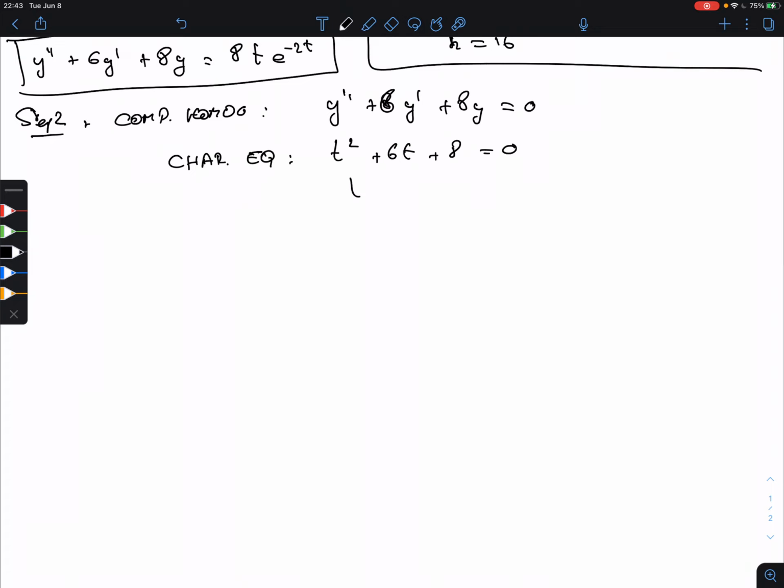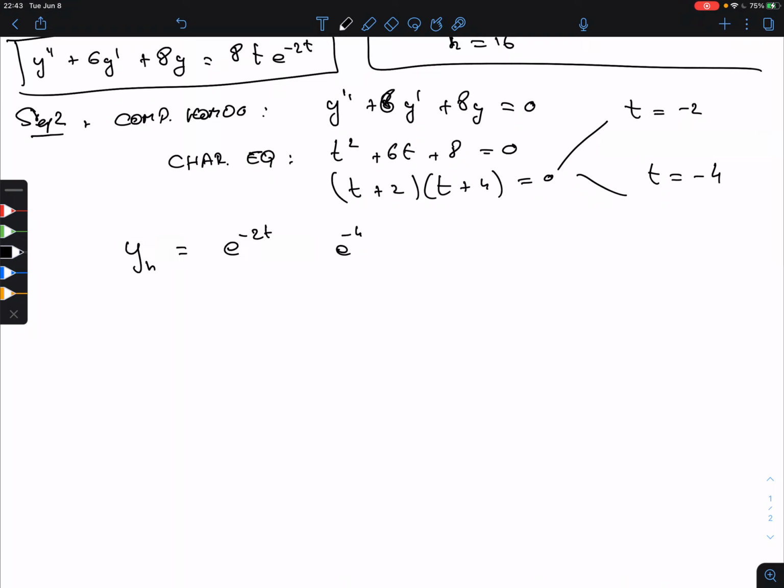We have to factor this, two numbers that multiply to 8 and add up to 6. I think everybody sees that this is 2 and 4, right? So the two roots are t equals -2 and t equals -4. We know what this means. The homogeneous solution is therefore a linear combination of the two fundamental solutions, that is a e to the minus 2t plus b e to the minus 4t.